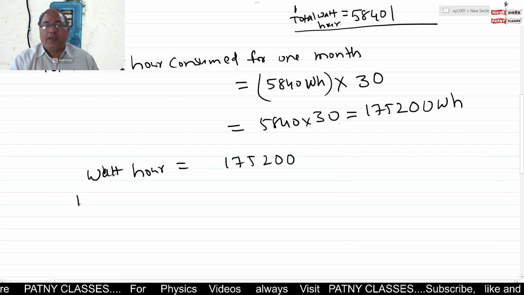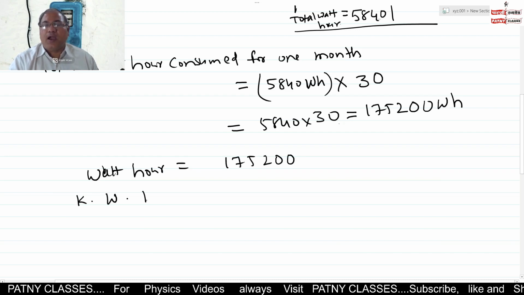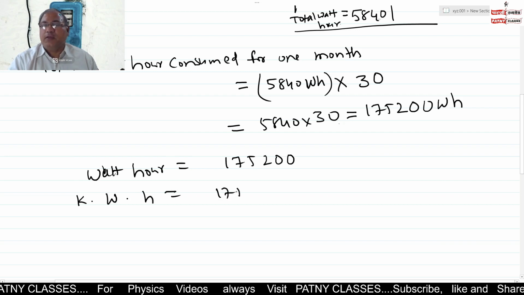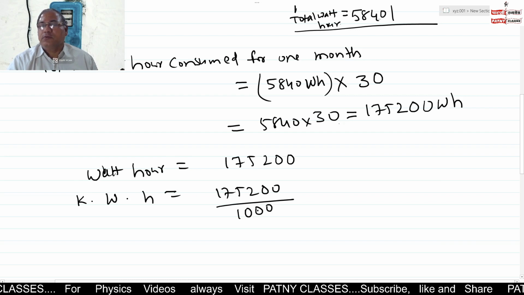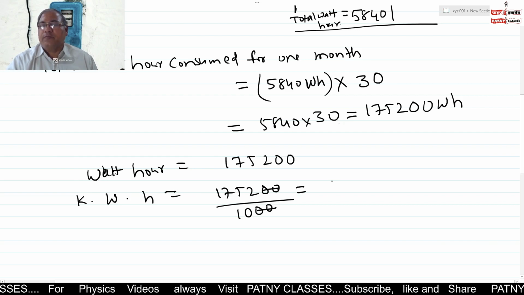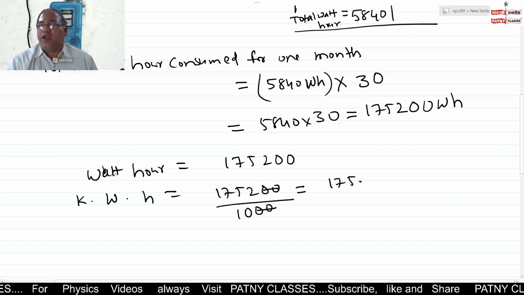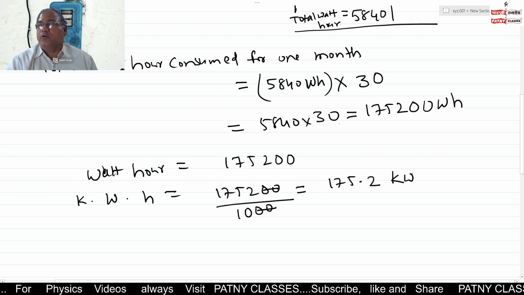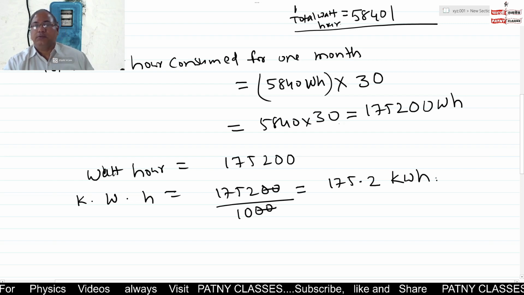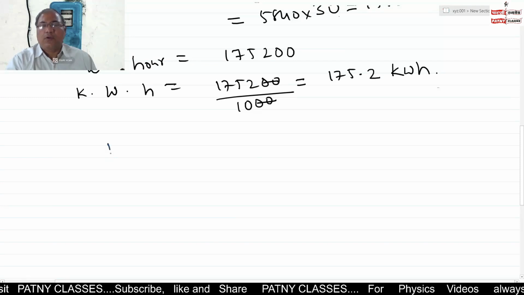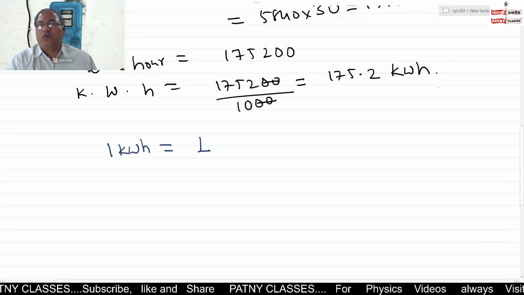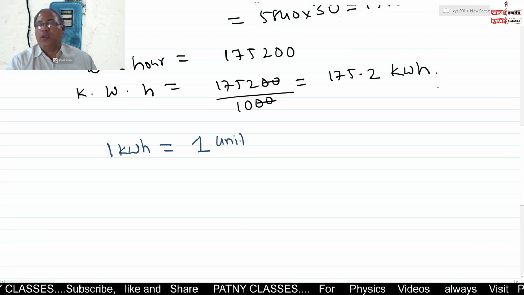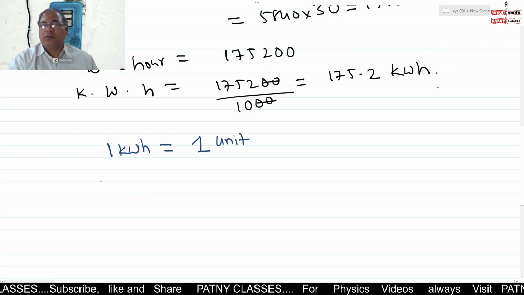Now to convert into kilowatt hour, I divide this figure by 1000. So this becomes 175.2 kilowatt hour. Now 1 kilowatt hour equals 1 unit of electrical consumption.